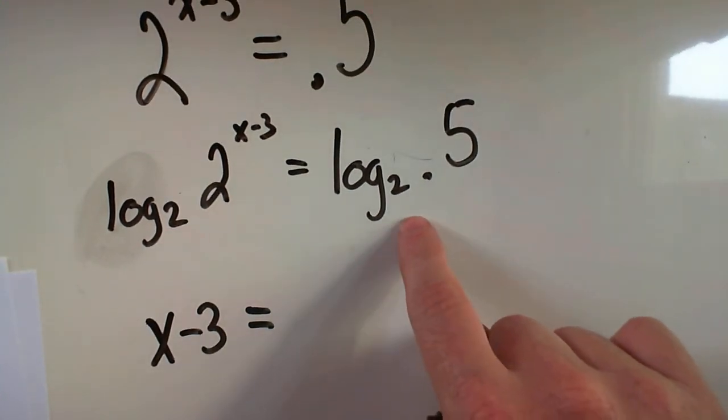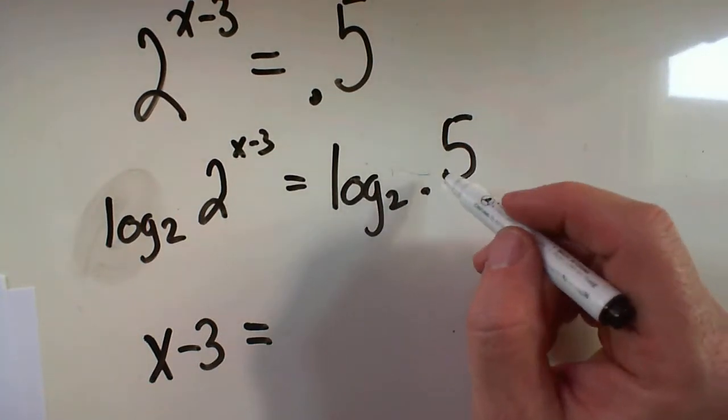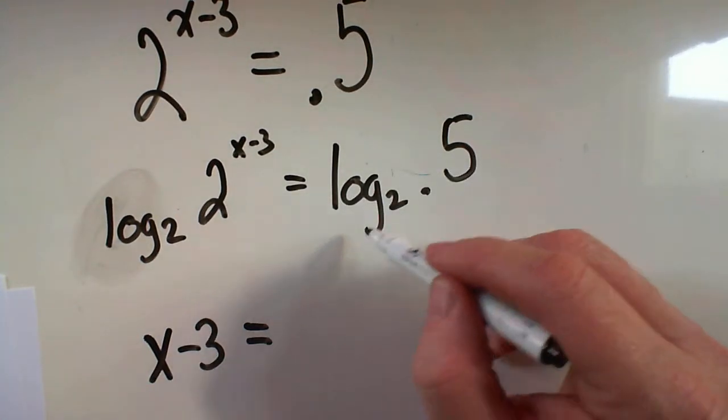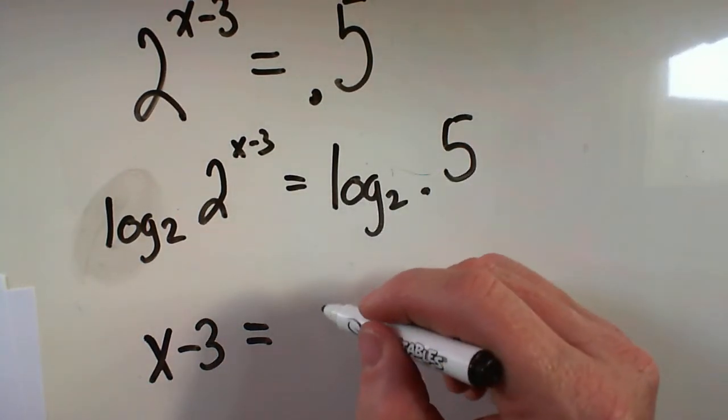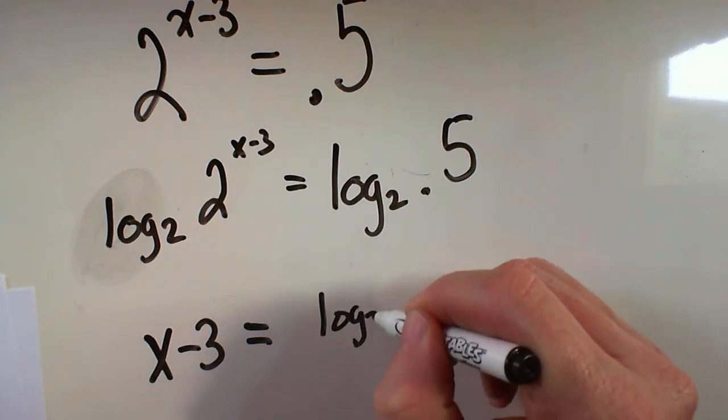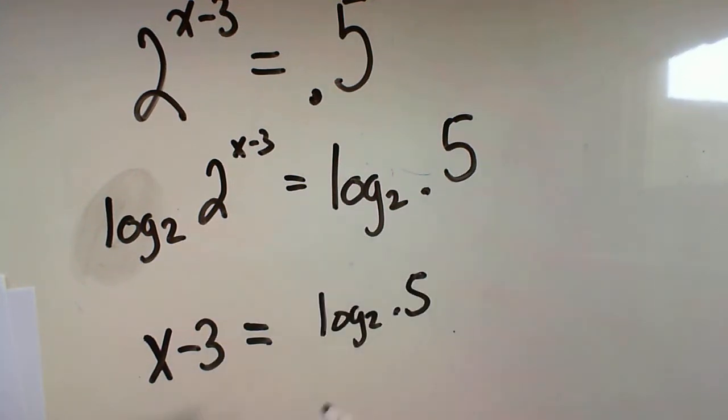On this side, since we took log base 2, now you do need to either put this in the calculator or realize that log base 2 of 0.5 is negative 1, because 0.5 is the same thing as 1/2, and 2 to the negative 1 equals 1/2.